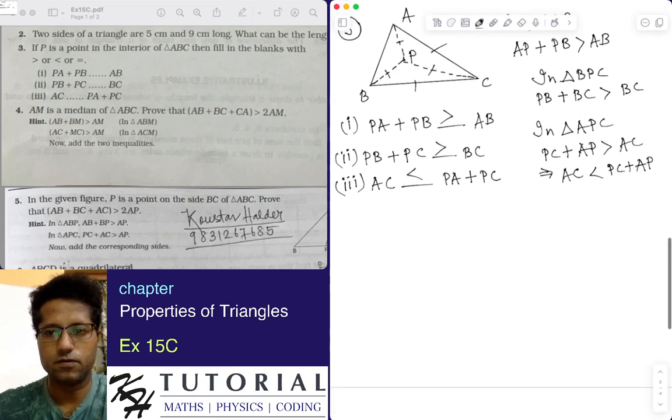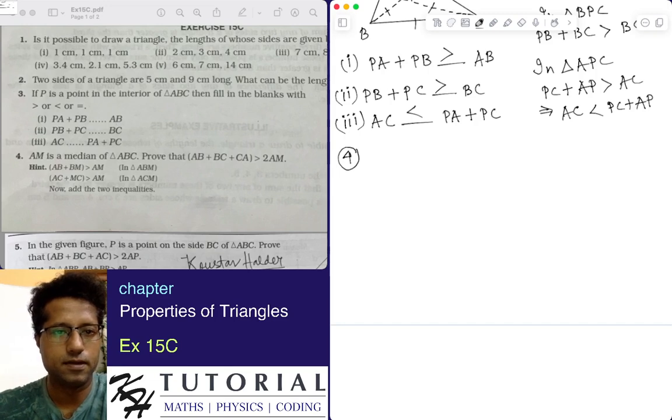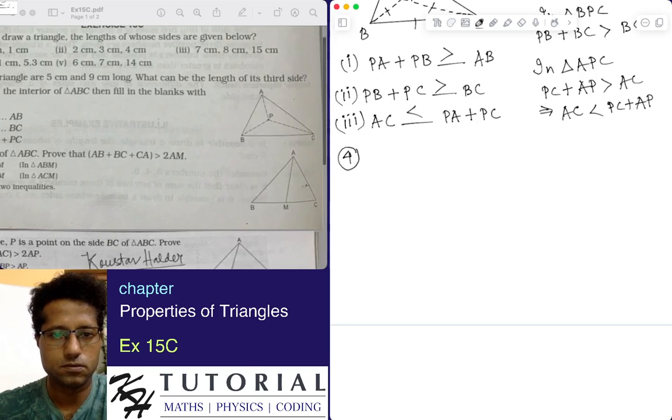Let's solve problem number 4. AM is a median of triangle ABC. Prove that. Okay, a figure is there.